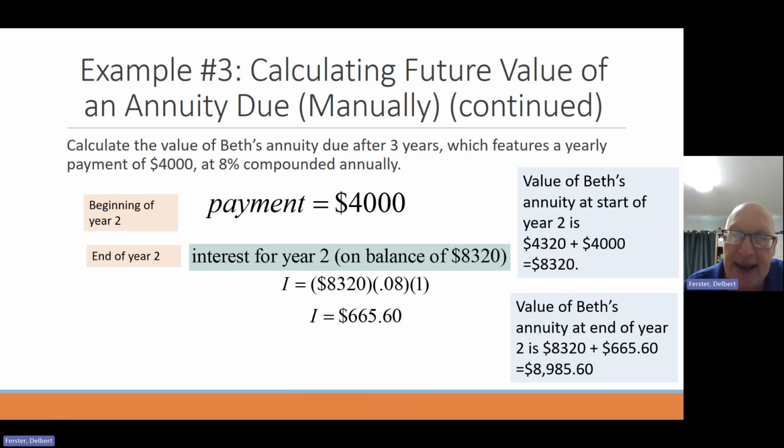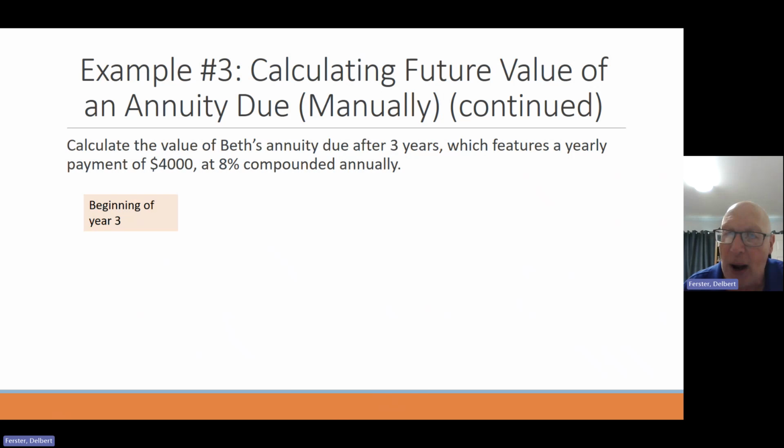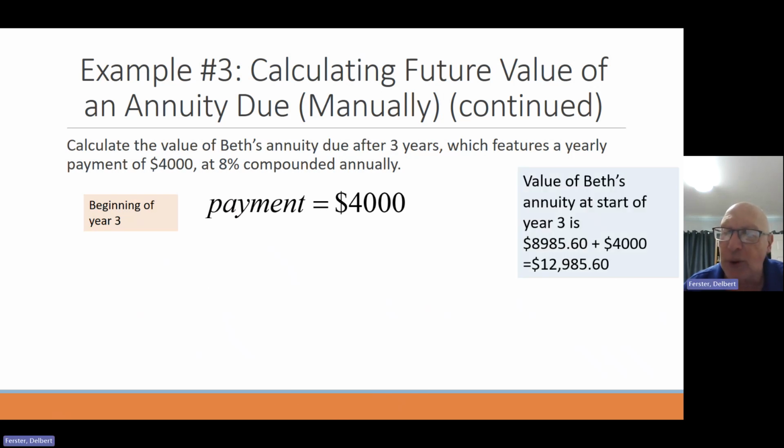That moves her over into the beginning of year 3, but now don't lose it here because she's going to make another payment at the start of year 3. So she's going to be owed interest on that. Annuity due, so she's due interest on that third payment as well. So there comes her payment, and that was her balance at the end of year 2.